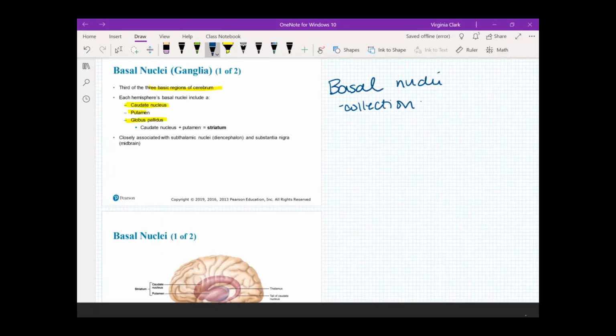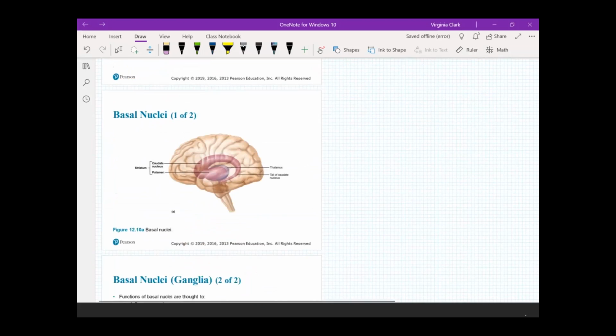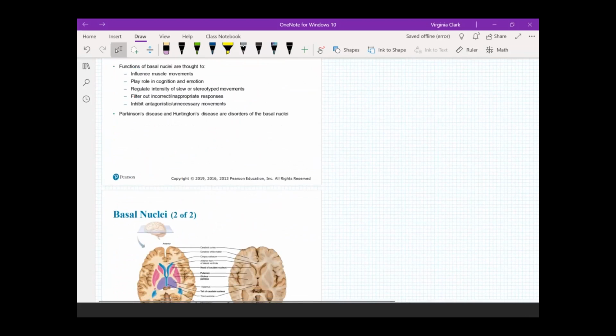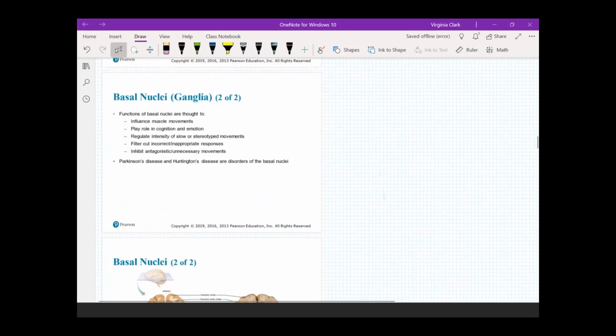And while those cell bodies are very important and they all do different things, it's very complex how they all work together. So what I want you guys to know is that the basal nuclei, caudate nucleus, putamen, and globus pallidus, essentially is just going to be a little group of cell bodies found together. So you can see how they're 3-dimensional with these 3 areas, because it is essentially just a collection of cell bodies. But they have a really important function.